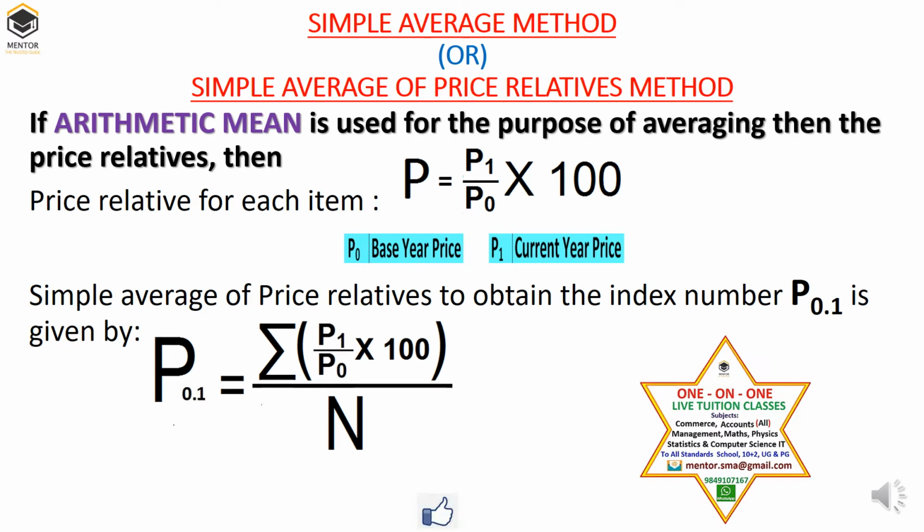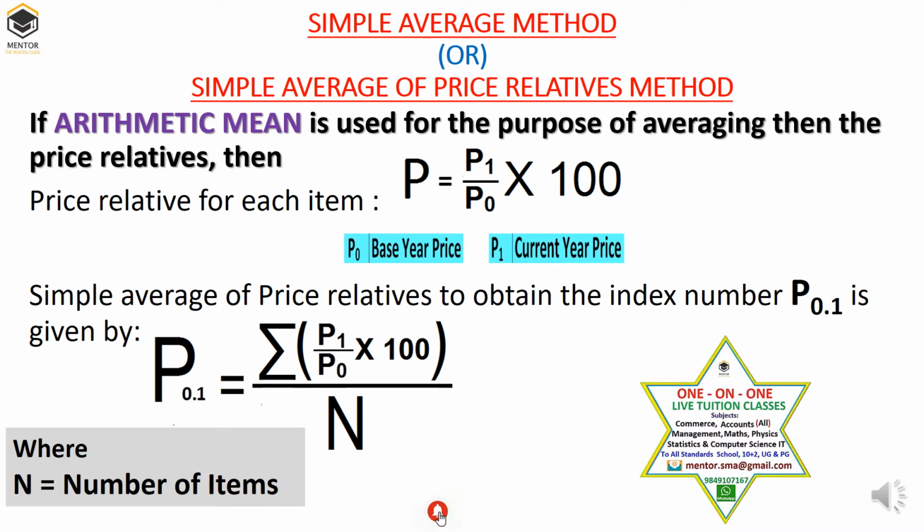The index number of the current year based on the base year under arithmetic mean is the summation of all the price relatives divided by N. It means the average of price relative, which is nothing but the arithmetic mean, where N is the number of observations or number of items.